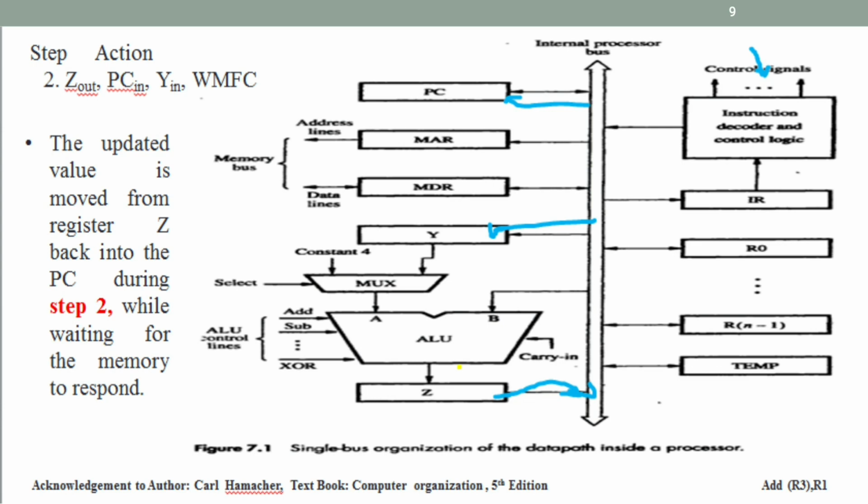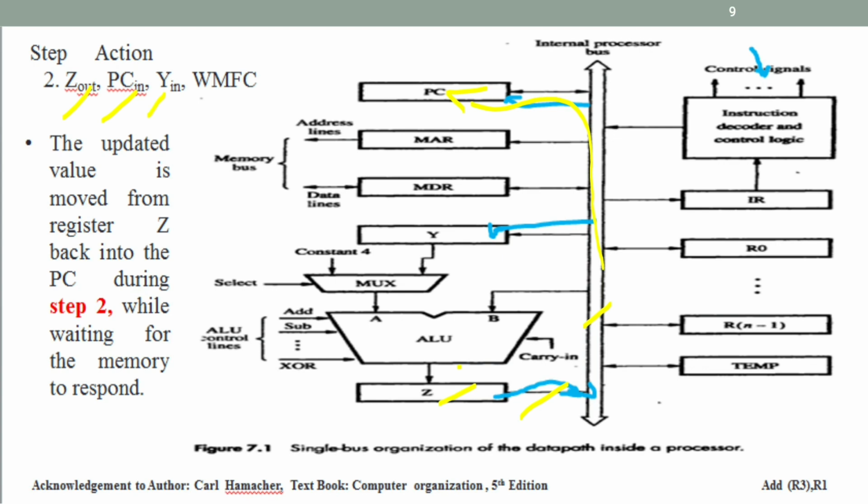Okay. Next, the second step of the control sequence. In that, the first control signal is Z out. The addition of the present instruction address plus 4, that was the next instruction address stored in the Z register, will be put onto the internal processor bus by the Z out control signal. PC in will make it be stored in the program counter.